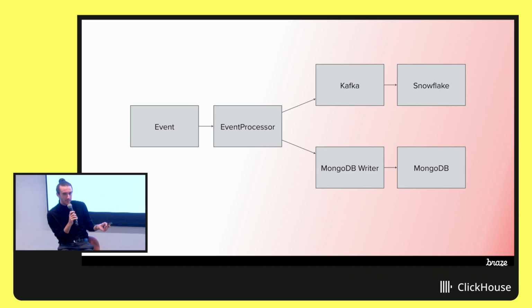We have some reporting that requires access to the raw events, and that's things like attribution reporting or funnel reporting, where we need a necessarily sequenced chain of events that the user defines after the events come in. So that's why we're using Snowflake. That's one path. The other path is to MongoDB.